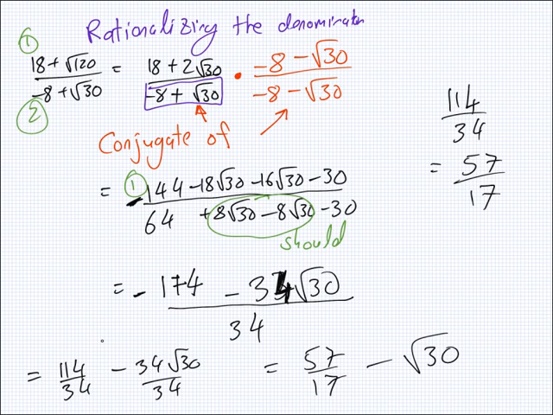And does 174 divide by 34? What's that? 6 times? No, it's not 6. 5 times? 174 divided by 34, what's that? Ah, no, don't tell me that. That's sad. Yeah, it doesn't fit.